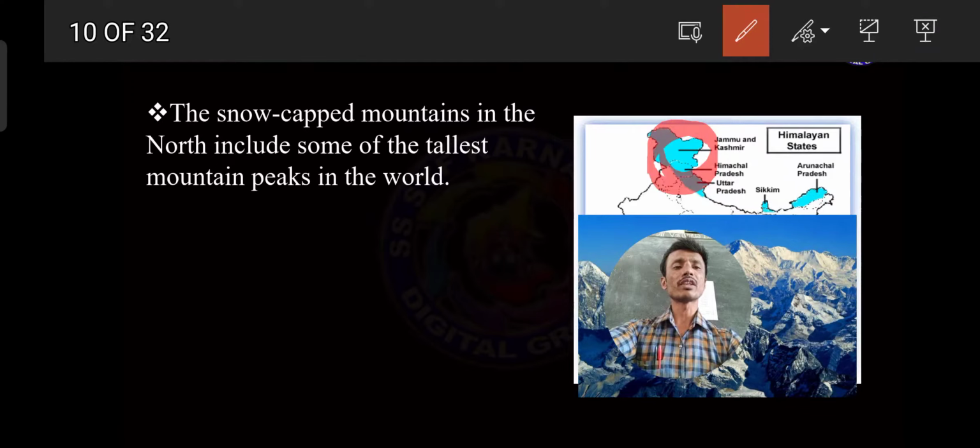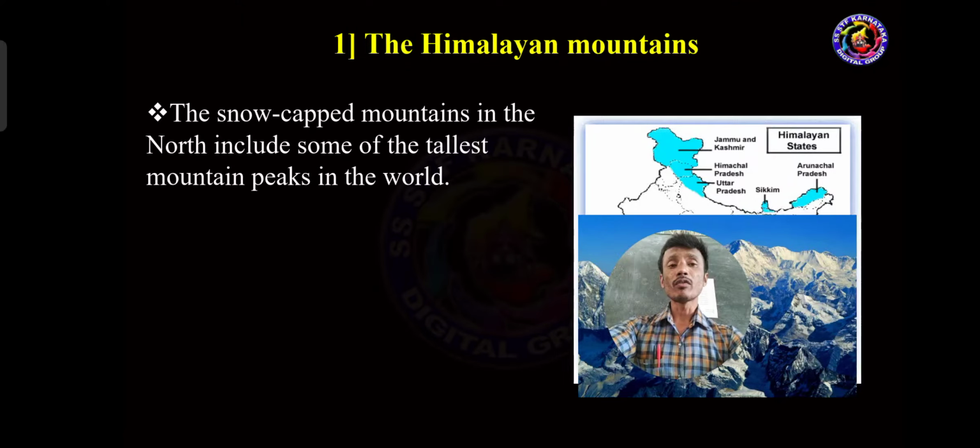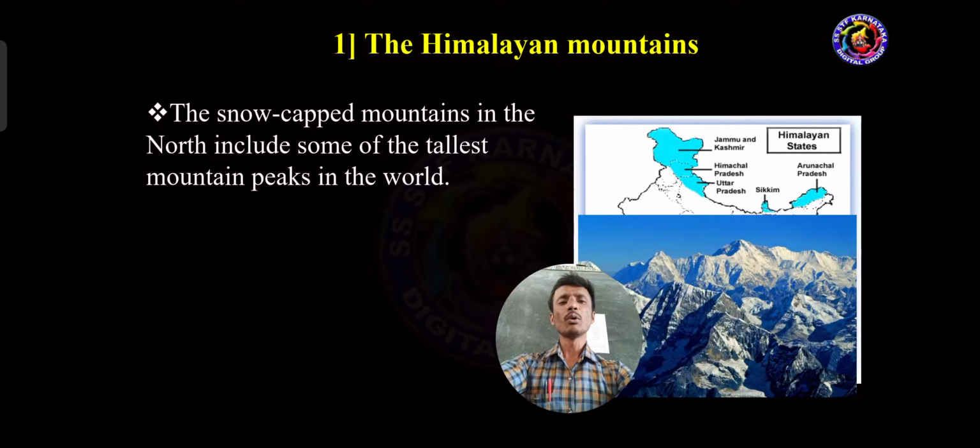The snow-capped mountains, with snow covering the hill stations throughout the year, in the north include some of the tallest mountain peaks in the world. Got it? Even in some other parts of the world this type of climate is available.